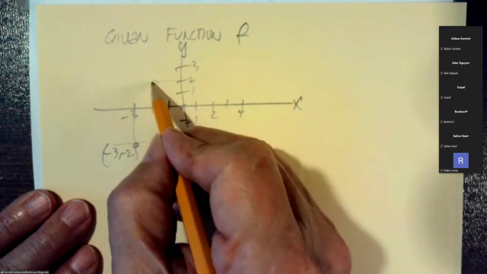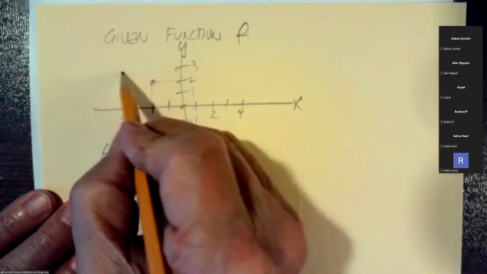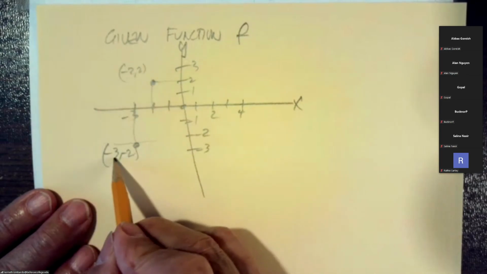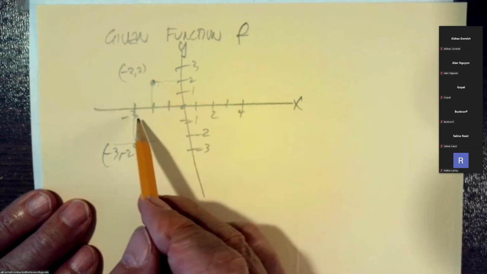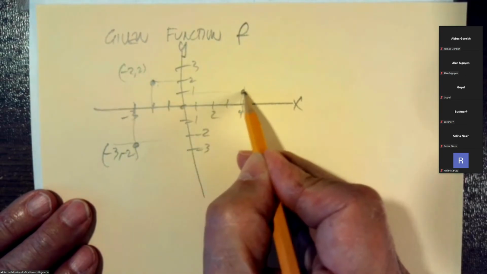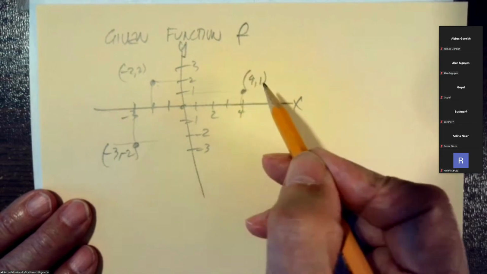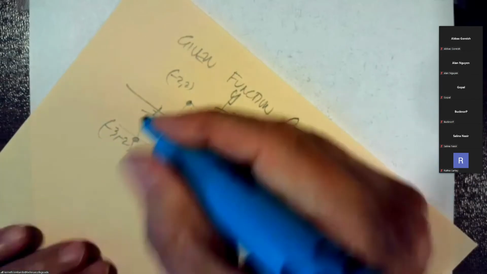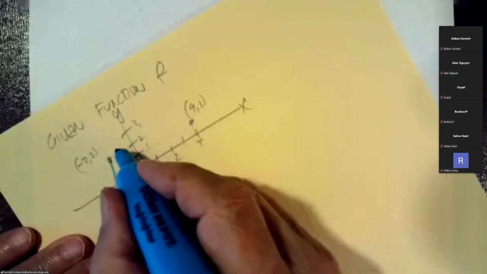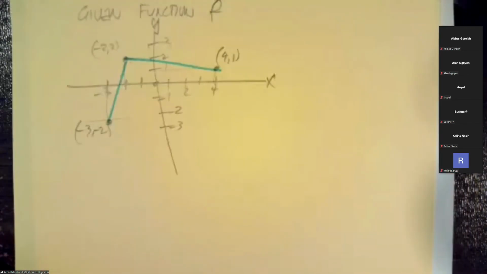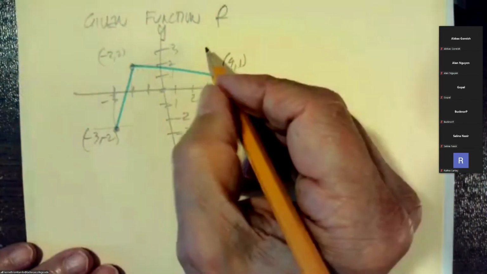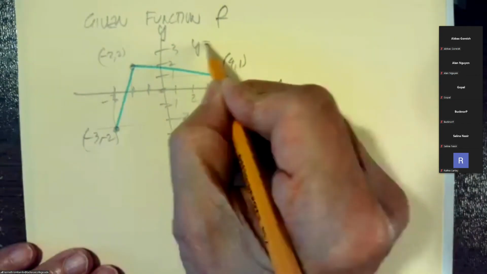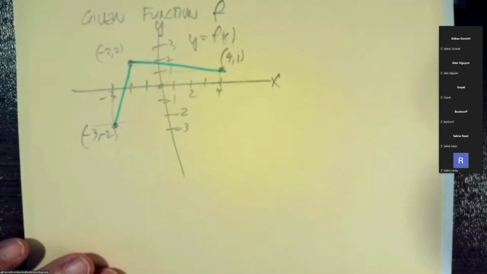So it goes to -2 and 2, from -3, -2, and then it goes over to, let's say, over 4 and 1. So I have some function that does this. Goes to there and then goes to there. And I'm going to say that's y equals f of x, like that.